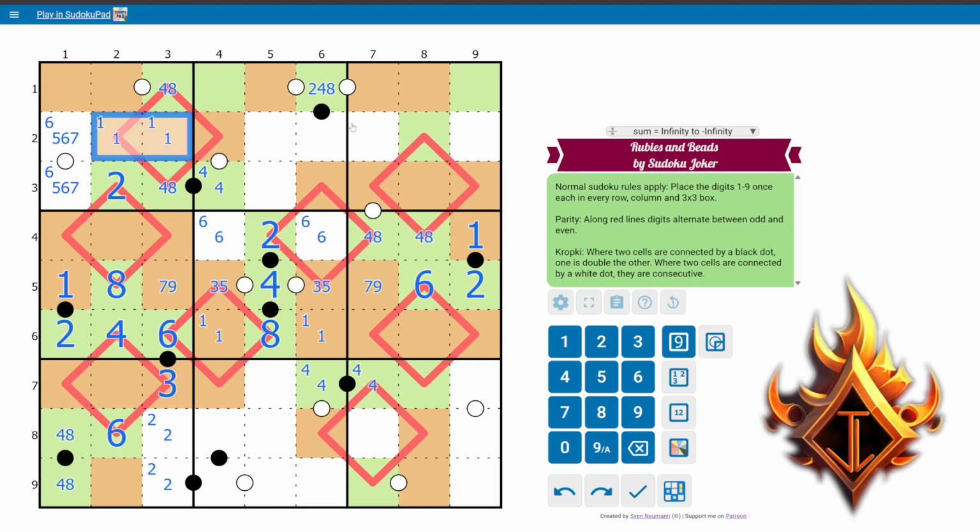One is going in this row. Five, 3 and 5 are both up here with a 7 or 9. 3 and 5 will both be down here with a 7 or 9.